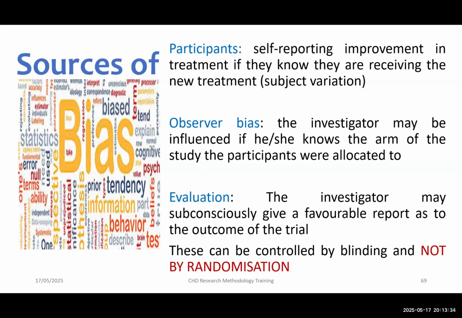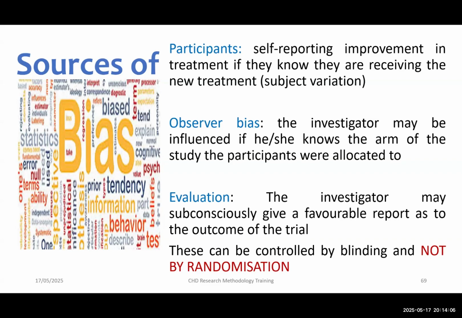Then evaluation bias: the investigator may subconsciously give a favorable report of the outcome. The person doing the analysis knows those in the intervention group and those in the control group, so they may subconsciously analyze it in such a way that the result looks better among those in the control group compared to those in the intervention group.